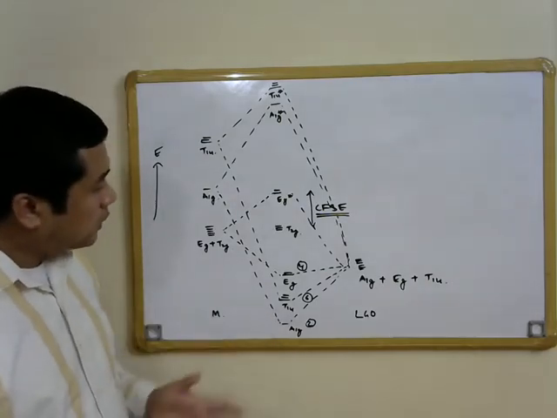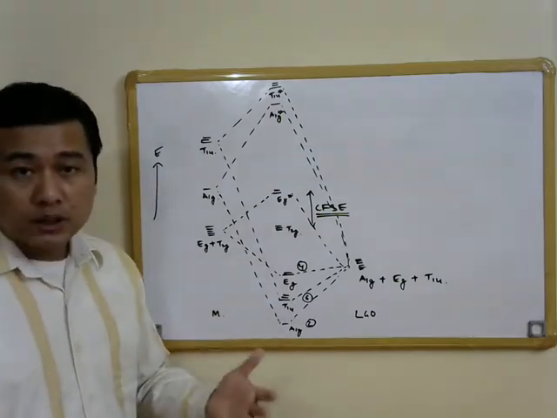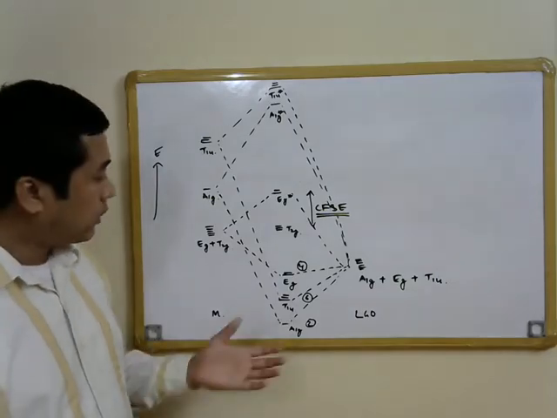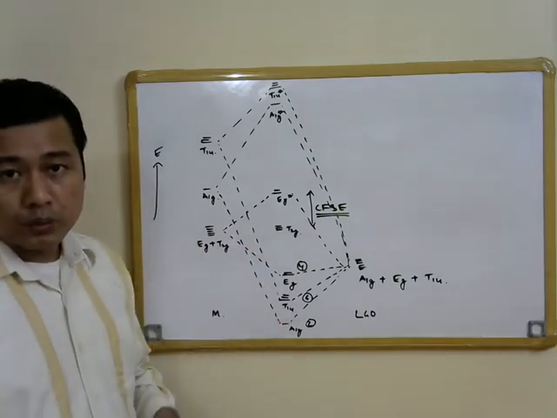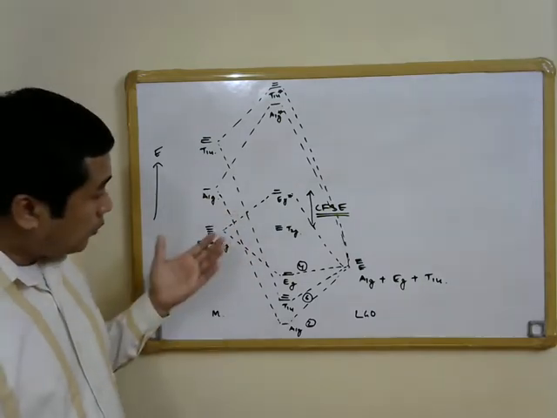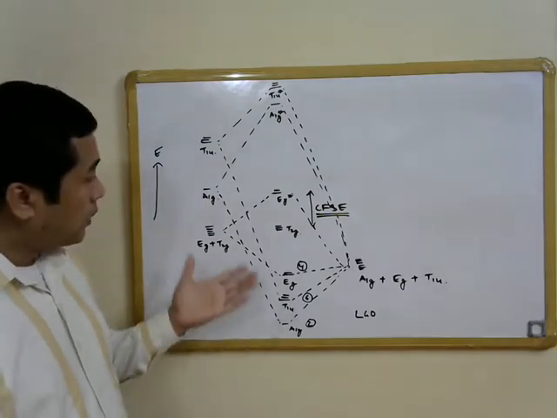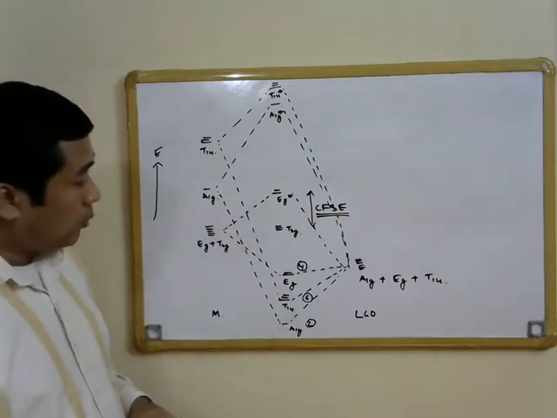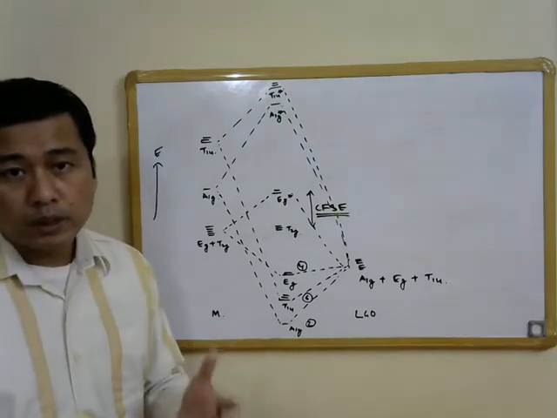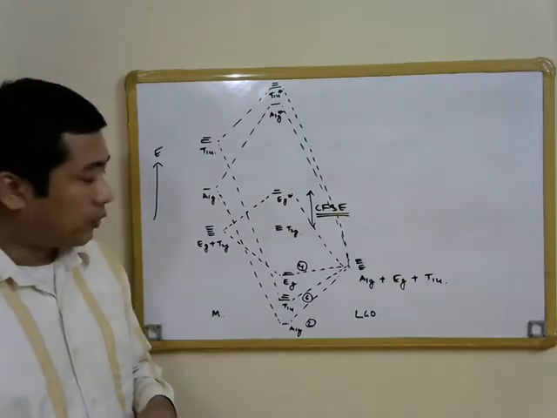So this molecular orbital diagram we should learn carefully, and it also allows us to understand many other principles of chemistry like the 18 electron rule and such electron counting rules. Only by understanding the molecular orbitals of these molecules will we be able to tell how these rules have evolved.